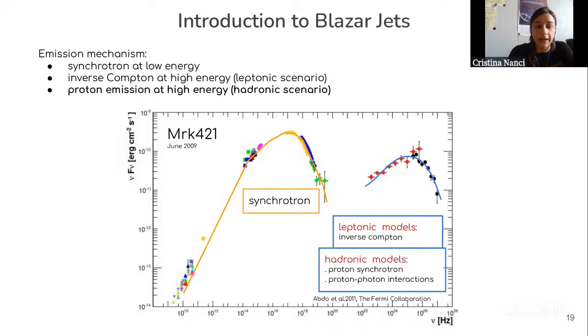According to hadronic scenarios, instead, there is a population of protons that are contributing to the emission of the high energy via proton synchrotron or proton-photon interactions.